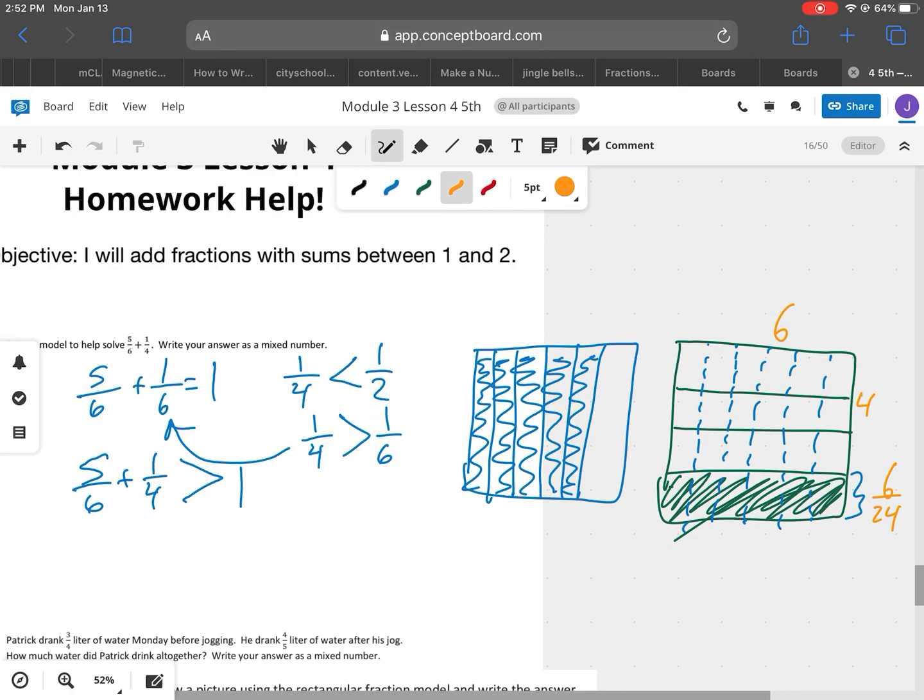Now on the one on the left, we are going to divide it into fourths. Hopefully you see that this amount would fill in that amount. So there's 6 of them. 1, 2, 3, 4, so those would be filled in by the green, and then you would have 2 still left over.